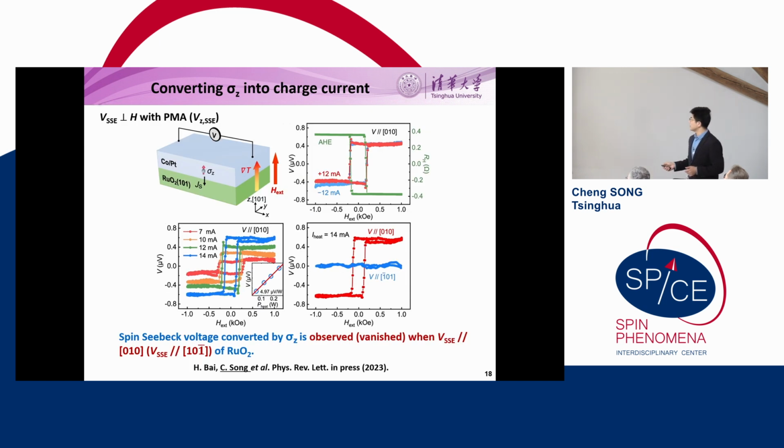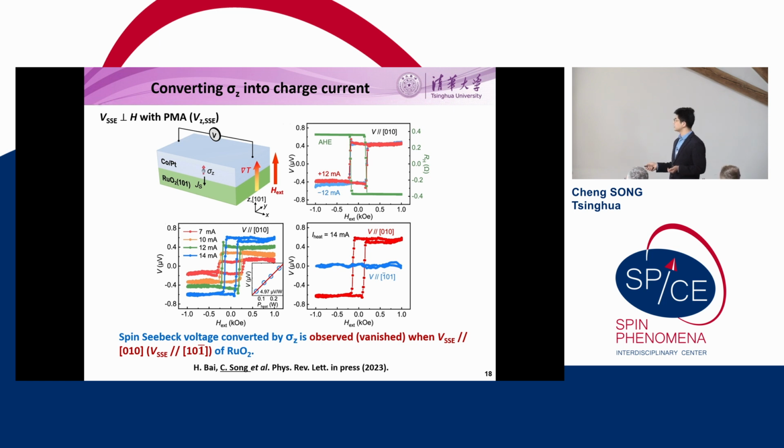We also try to grow samples of ruthenium oxide and cobalt platinum by layers, because this is a PMA sample. We also show the same spin Seebeck effect: positive and negative current show the same signal, and the coercivity is very close to the anomalous Hall effect of cobalt platinum, indicating the signal really comes from the cobalt platinum through spin-to-charge conversion in this system.